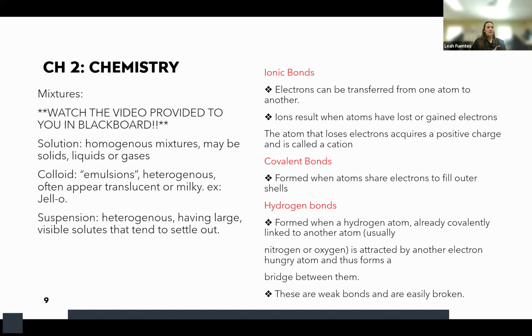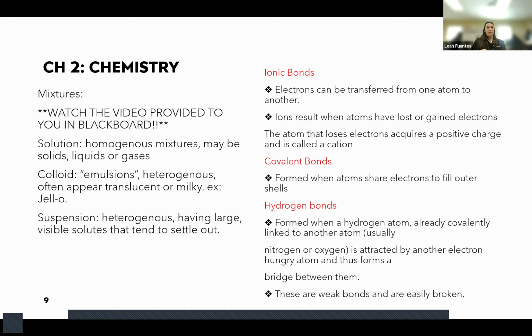But mixtures, right? We have three different types of mixtures. Solutions are homogeneous mixtures, and these may be solids, liquids, or gas. With solutions, we have solvents and solutes.